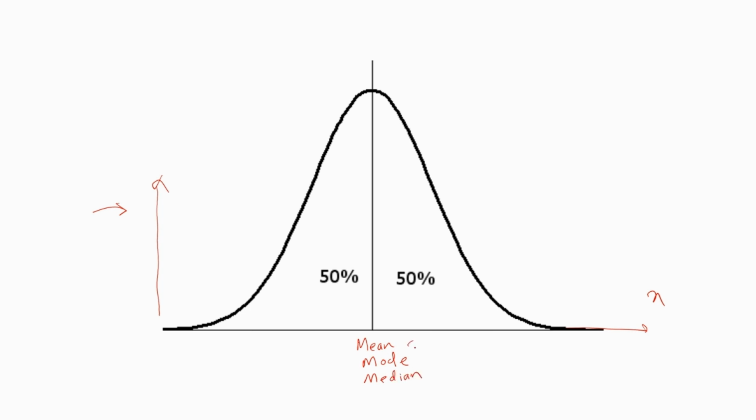These values are all equal and located at the center of the graph, which means this line divides the bell curve into two perfect parts because the bell curve is perfectly symmetrical. These two 50 percentages represent the symmetry of this bell curve around the mean value.